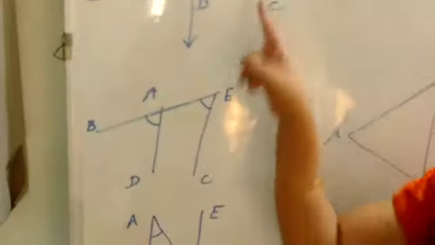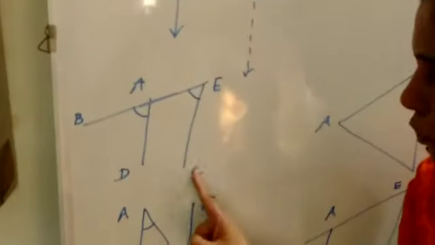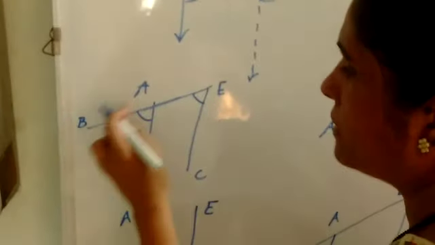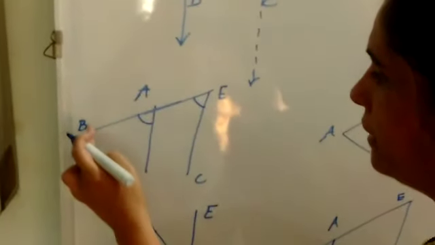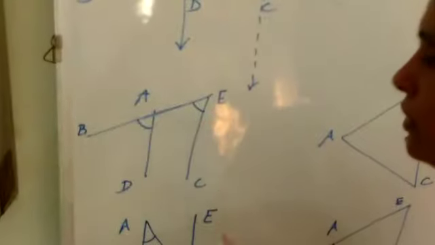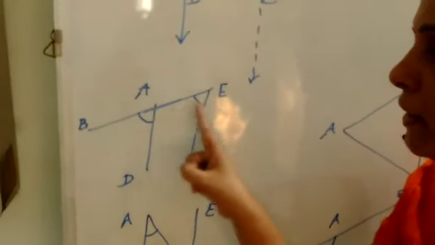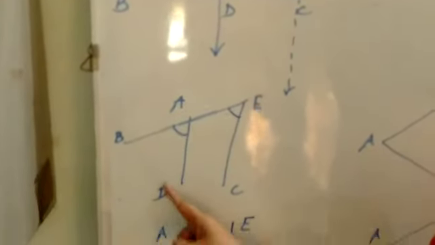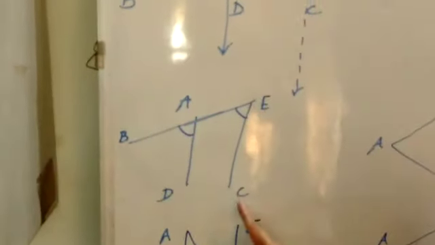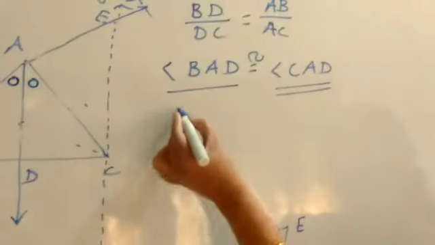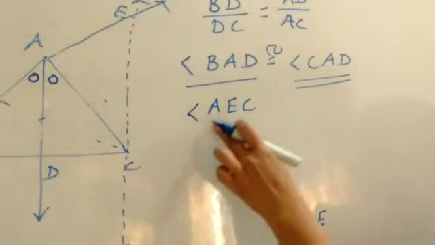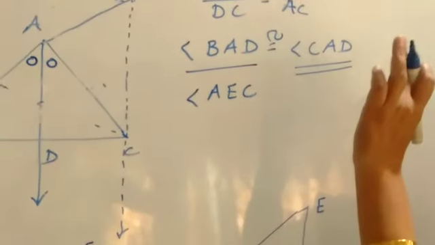AD is parallel to EC. And in these two triangles BAD and BEC, these are corresponding angles. So the congruent angle for BAD is AEC. So instead of BAD, here I will write AEC.